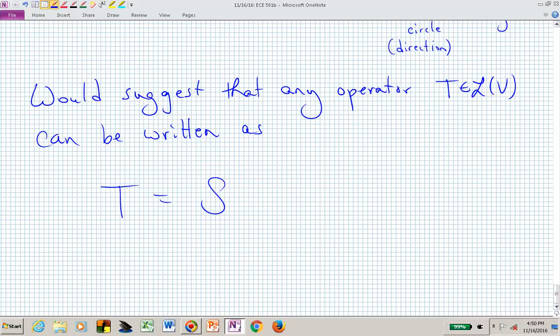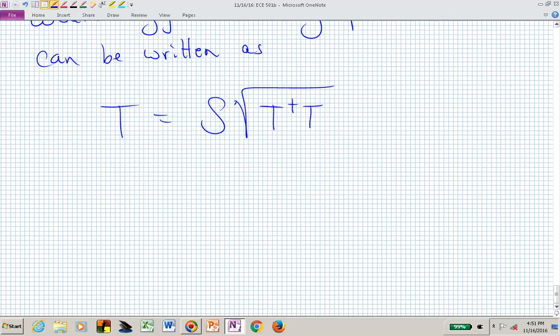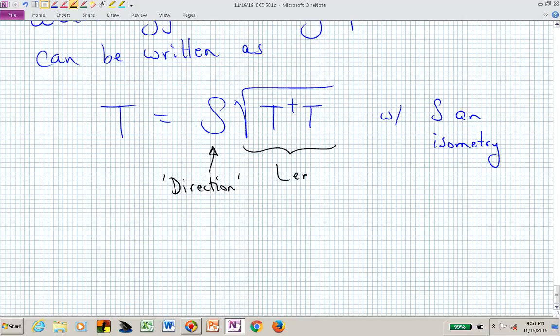That's one piece of T. And the other piece is our magnitude or length piece, which is the unique positive square root of t dagger t, where that was z star z, with S an isometry, where this piece is our direction piece, and this piece is our length piece.